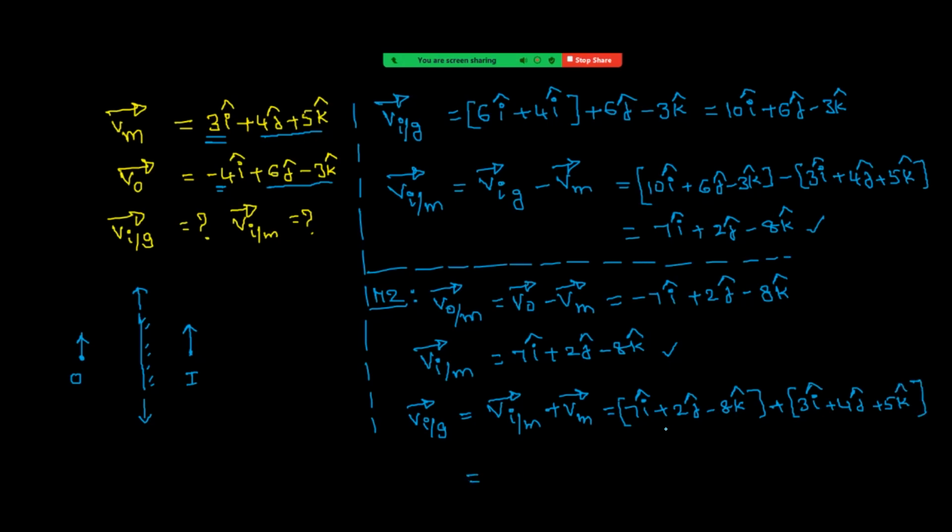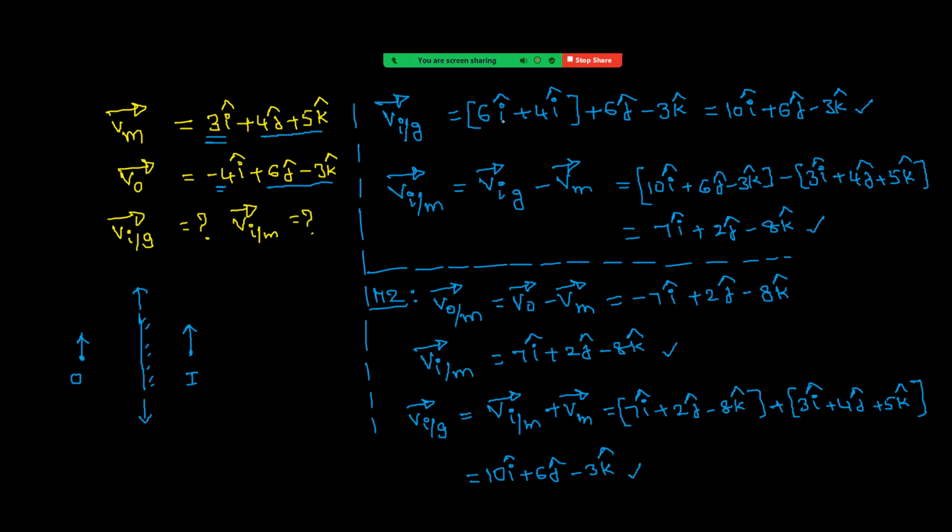Now see what we get. 7 plus 3, 10, 10 i cap. Next, 2 plus 4, 6 j cap. Minus 8 plus 5, minus 3 k cap. Okay. See here what we got. So we got same, right?